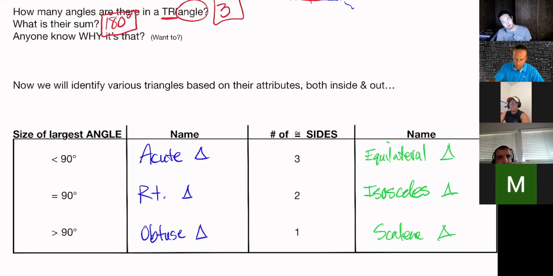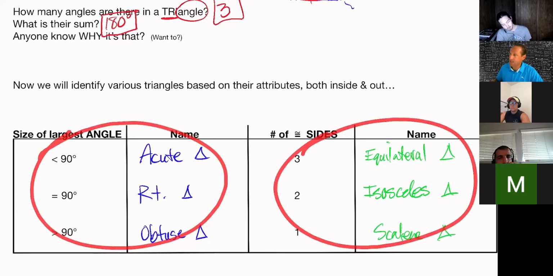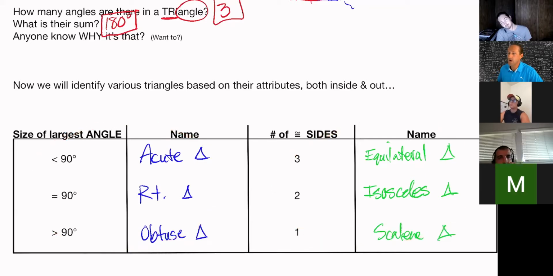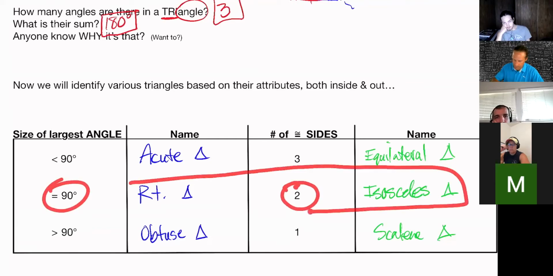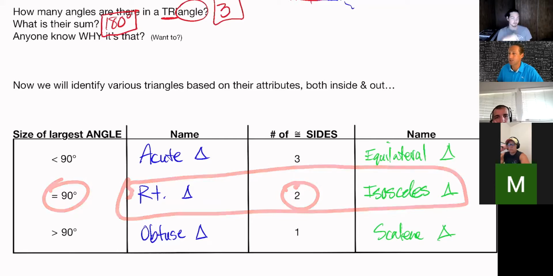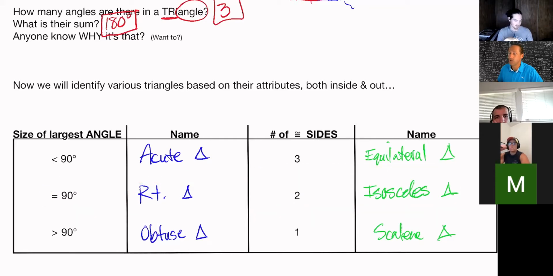So we can put insides and outsides together. What if I had a right triangle that had 2 of the same sides? We'd call it a right isosceles or an isosceles right triangle.